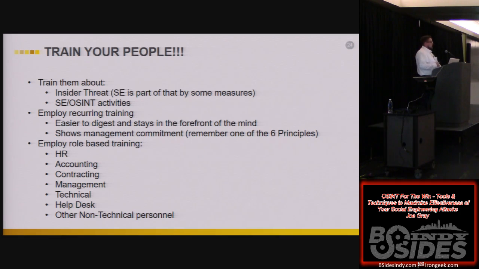You make it relatable to people. I like to use what's called the SMART framework: specific, measurable, attainable, realistic, and timely. If you do that and you maintain their interest and show them how their actions impact the organization, you'll have a better outcome.